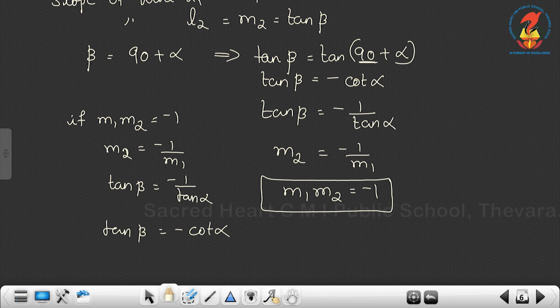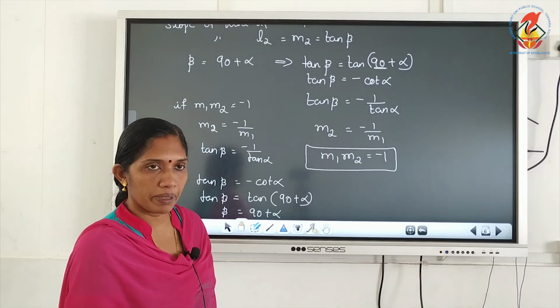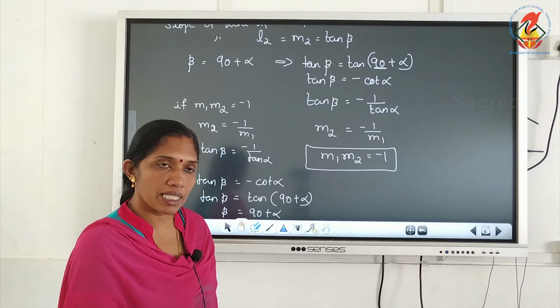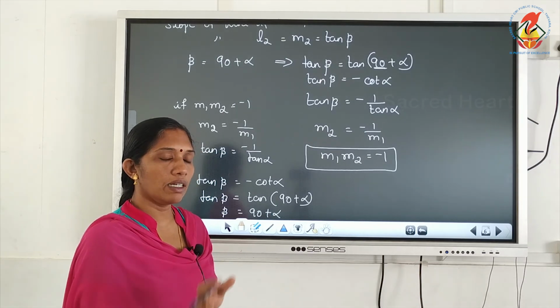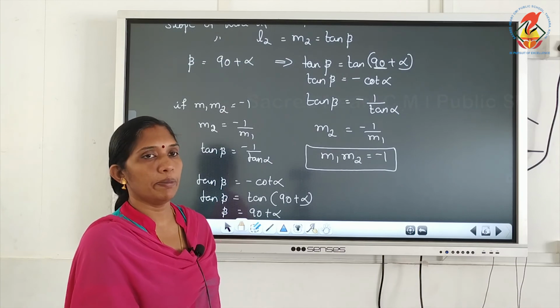Here tan, here cot, so we can't equate. So cot is converted to tan. Minus cot alpha is the same as tan of the second quadrant value 90 plus alpha. So tan beta is equal to tan 90 plus alpha, or beta is equal to 90 plus alpha. So what is the difference between alpha and beta? Alpha and beta differ by 90 degree. That means alpha and beta are angles of inclination of two lines L1 and L2, so L1 and L2 are perpendicular.